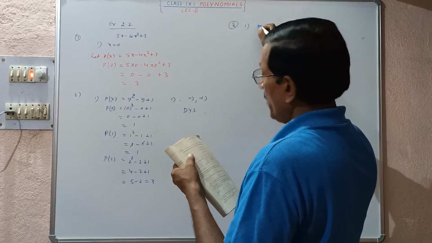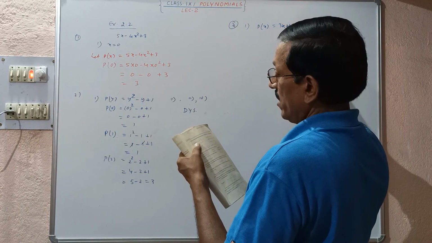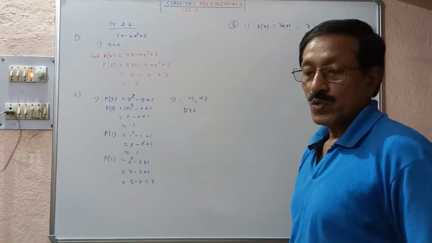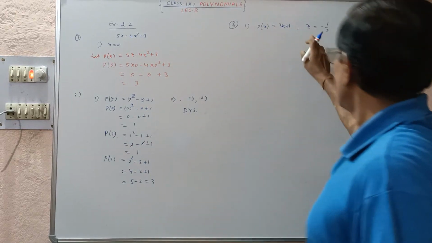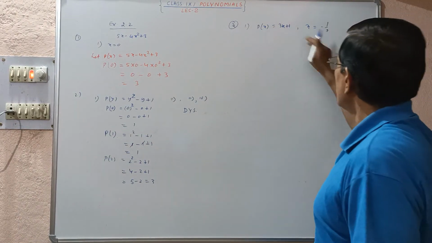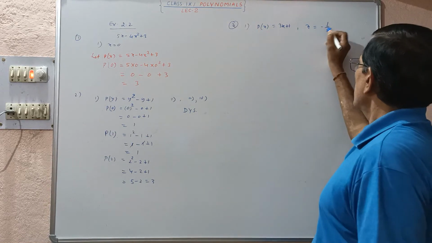Question 1: p(x) = 3x + 1 and the value indicated is x = −1/3. So we have to find out whether x = −1/3, which is indicated against this polynomial, is a zero of this polynomial.